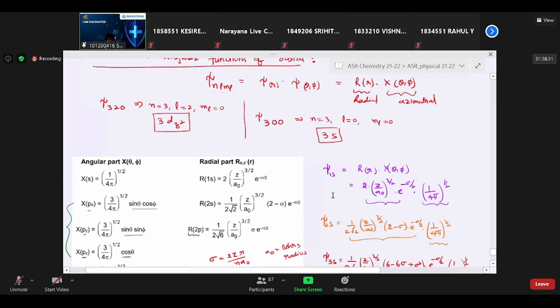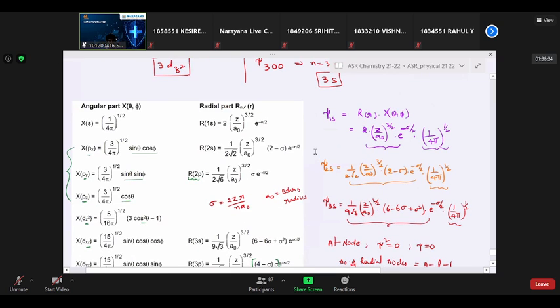Similarly, write psi 2s. This part becomes the radial part, and this part is the angular part again. For 3s, similarly write the radial part and angular part yourself, based on the table. I'm showing how to frame the wave function based on the table of content.